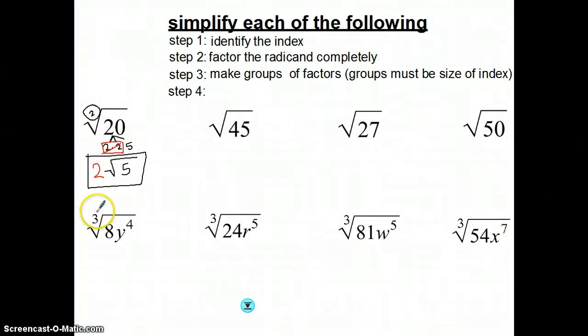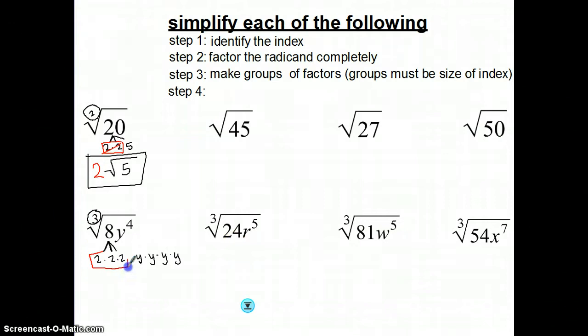Down below, I first identify my index, which is 3, and then I factor my radicand completely. 8 factors into the prime factors of 2, 2, and 2, and my y to the fourth factors into y times y times y times y. I then look at these prime factors and make groups of 3 since my index is 3.